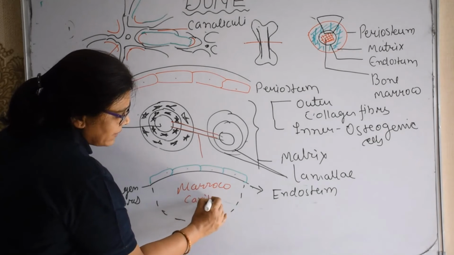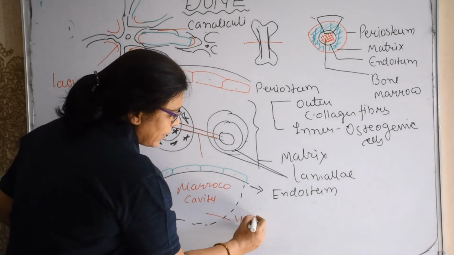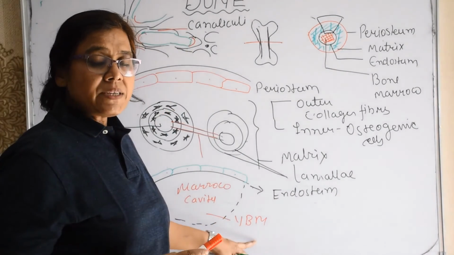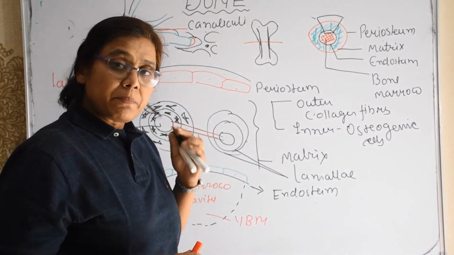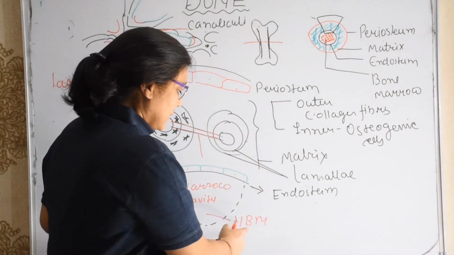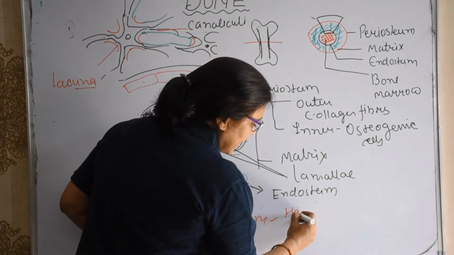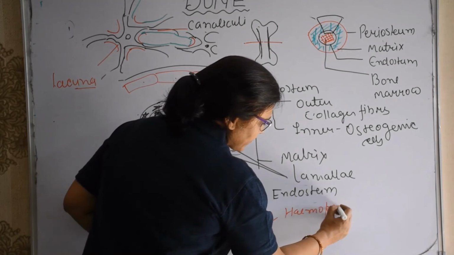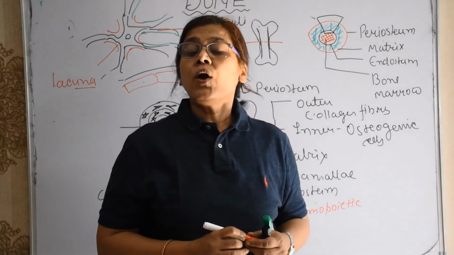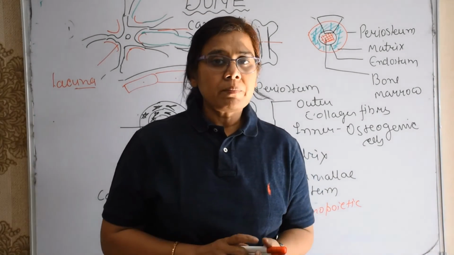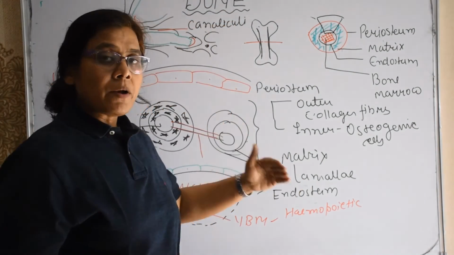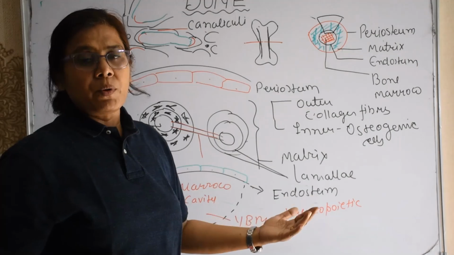In the marrow cavity, yellow bone marrow is present, and yellow bone marrow, though it is haemopoietic, forms blood cells only in case of emergency. Normally it doesn't produce blood cells. Blood cells are normally produced by red bone marrow.